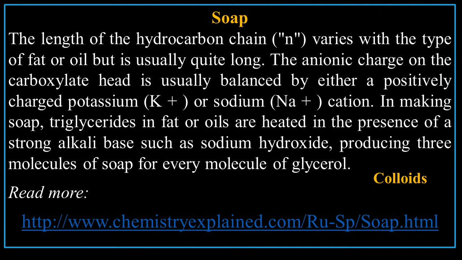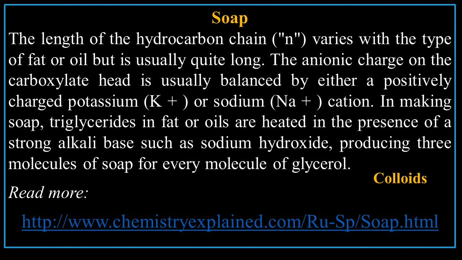In making soap, triglycerides in fat or oils are heated in the presence of a strong alkali base such as sodium hydroxide, producing 3 molecules of soap for every molecule of glycerol. And if you want to read more, there's the link.